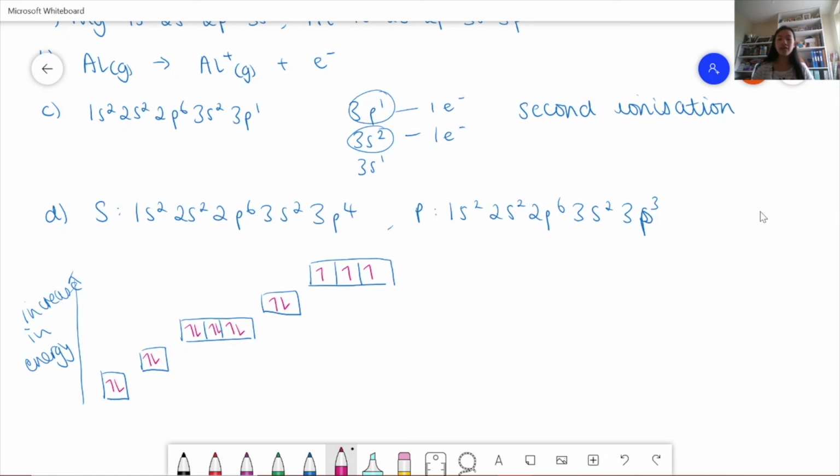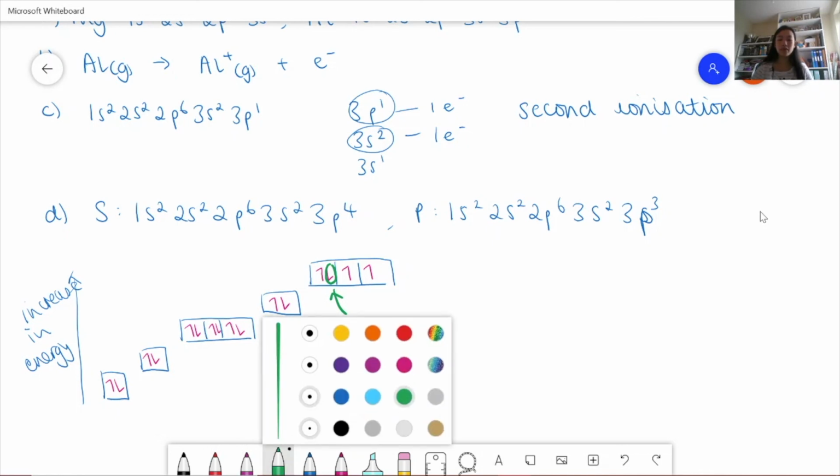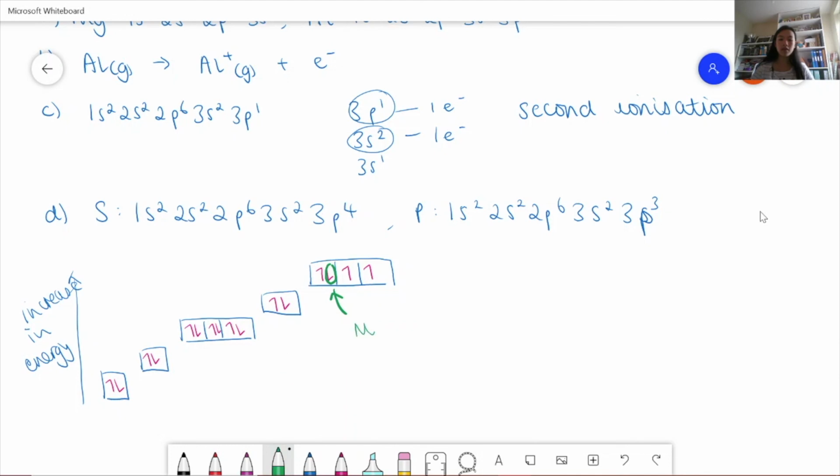but sulfur has an extra electron here because it's 3p4. And so what that means is that this electron here, or one of the electrons from this suborbital, is much easier to remove. And that's because there's repulsion from the other electron in the same suborbital.